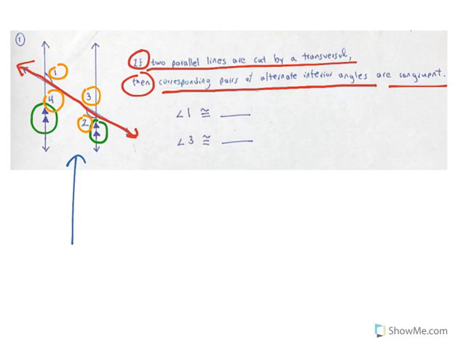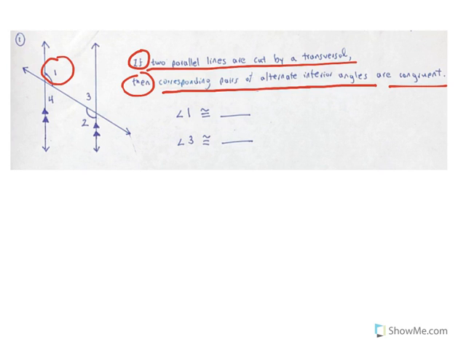And when we say corresponding pair of alternate interior angles, we're talking about, for example, angle 1 corresponds to angle 2, and angle 3 corresponds to angle 4. So there is a theorem from geometry that tells us that if two parallel lines are cut by a transversal, corresponding pairs of alternate interior angles are congruent. So angle 1 has to be congruent to angle 2, and angle 3 has to be congruent to angle 4.